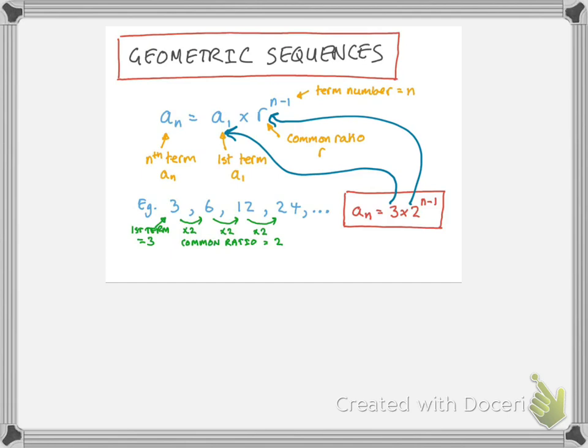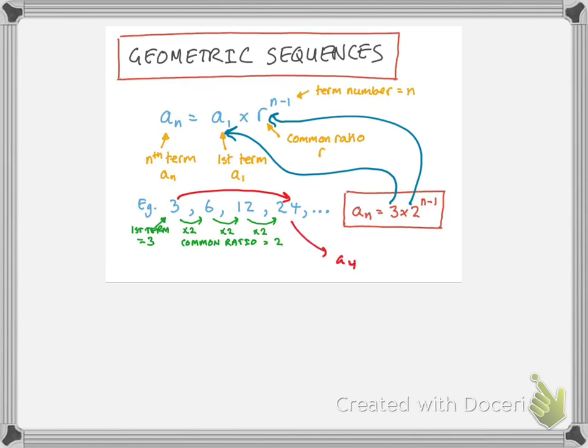And this actually makes a lot of sense that this is a power of 2. The reason it makes sense is because I'm just figuring out how many 2's I have to multiply by to get from 3 to, say, 24. So 24, if you notice, is A4.